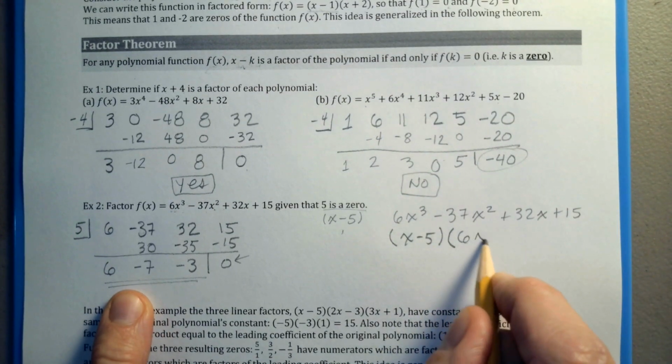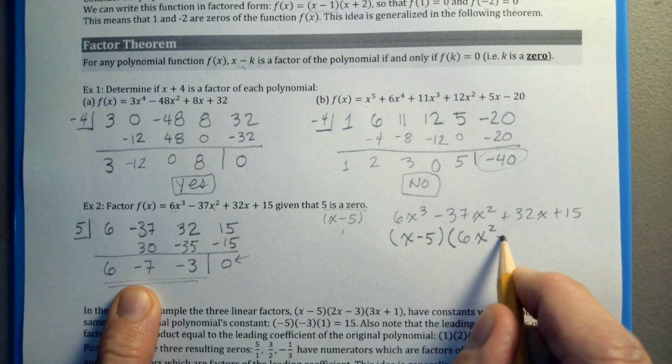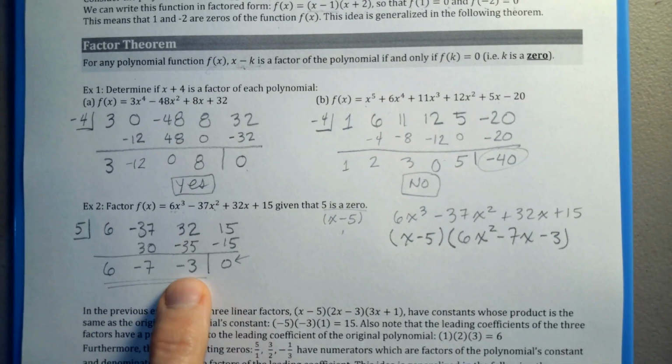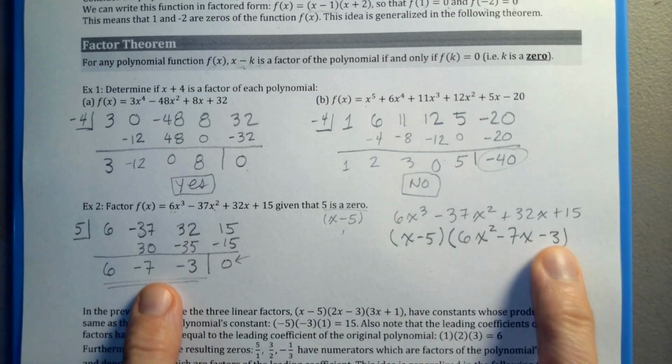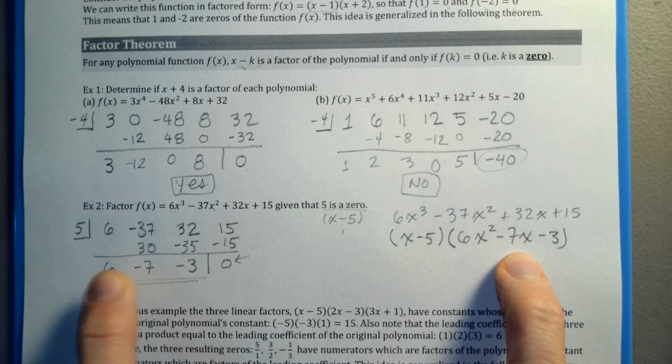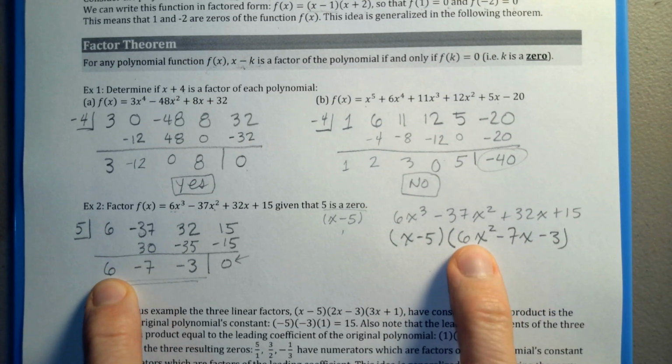So that's going to be 6x squared minus 7x minus 3. Remember that this first term to the right here is the constant. Then the next one is the linear term's coefficient. And the next one is the quadratic term's coefficient.